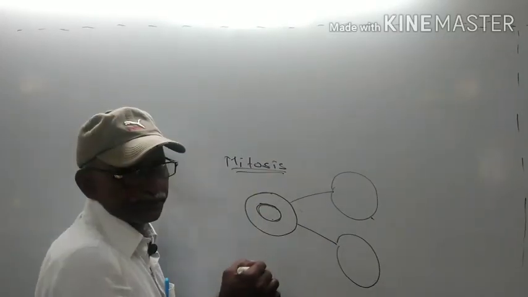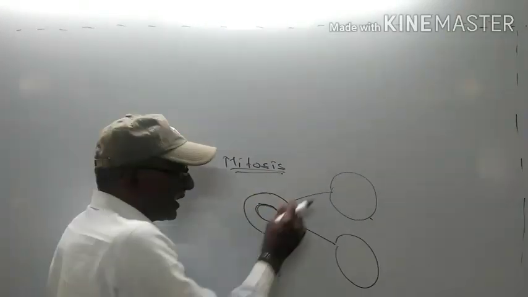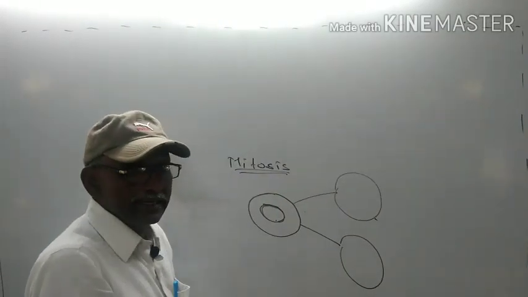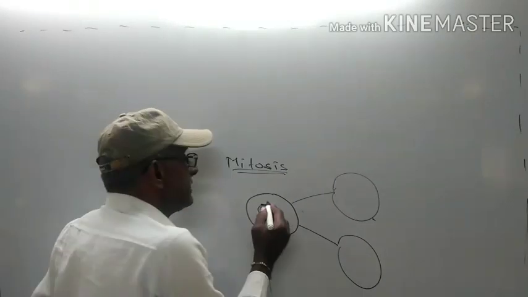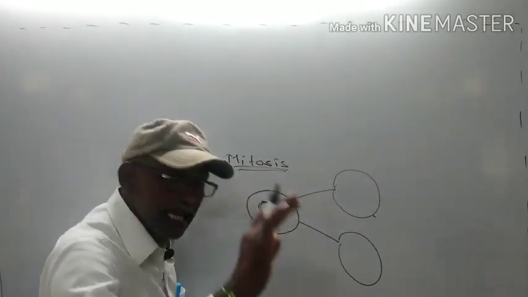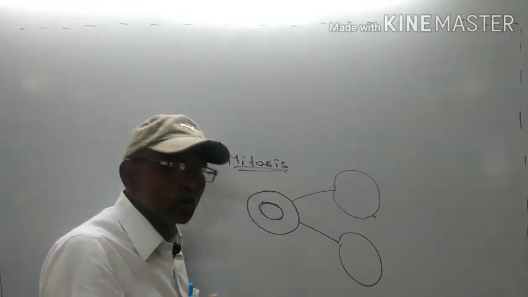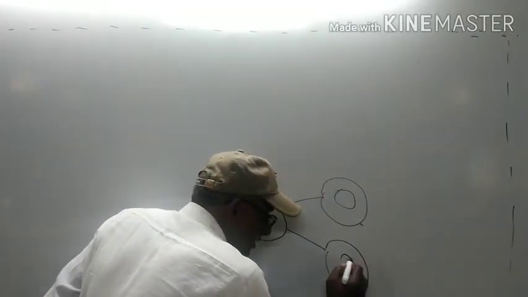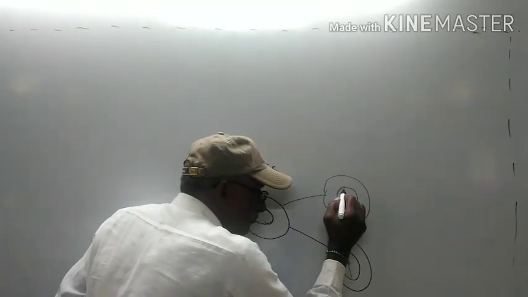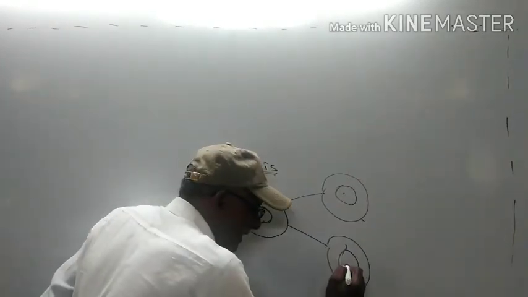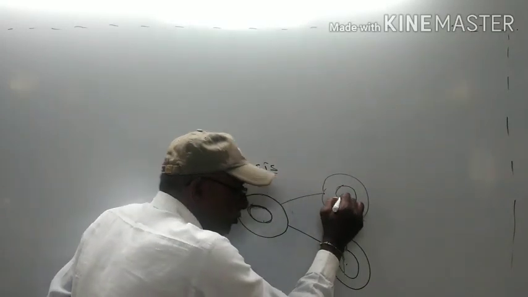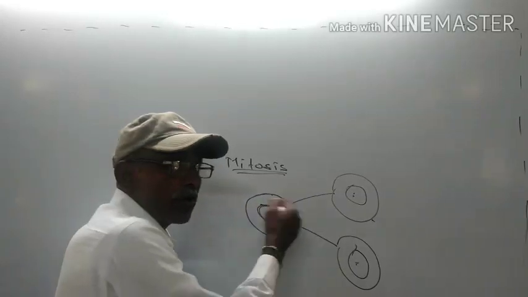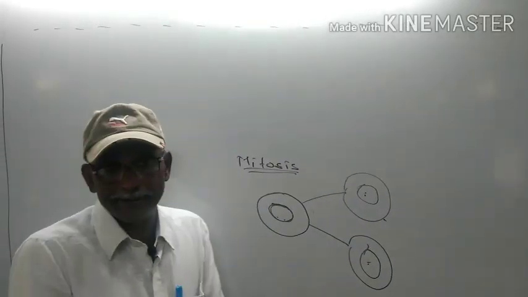In interphase, before division, there is a preparatory phase, and in this phase the DNA duplicates and cell organelles get duplicated, so that there is an equal number of DNA, meaning an equal number of chromosomes, as in the parent cell.